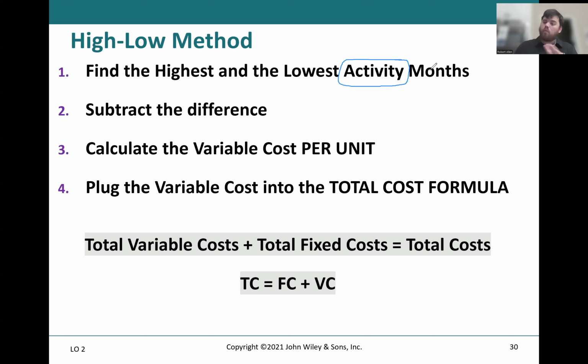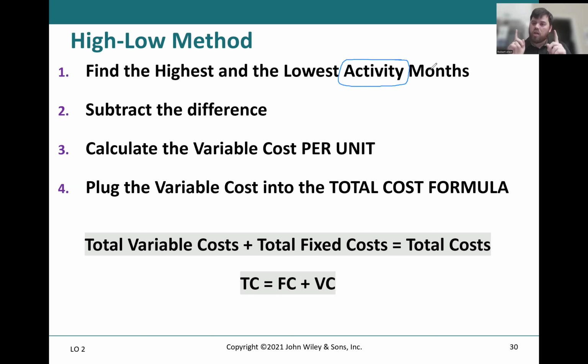Very, very often, it won't make a difference. The highest cost month will be the highest activity month, and the lowest cost month will be the lowest activity month. But I am not above giving you a situation where that is not the case. And the highest cost month is not the highest activity month, and the lowest cost month is not the lowest activity month. Meaning if you decide this based on cost, you will miss the question.